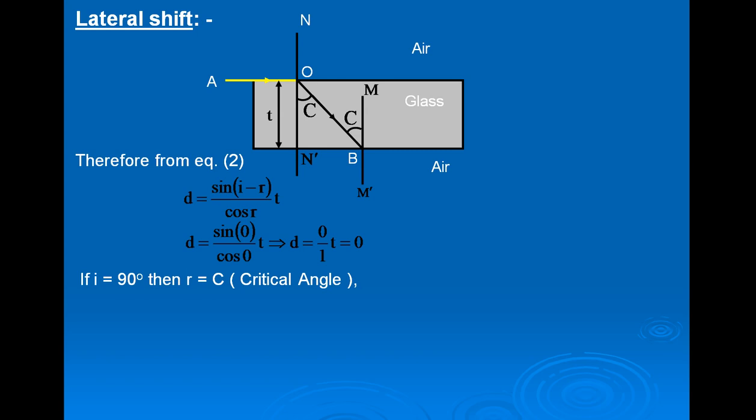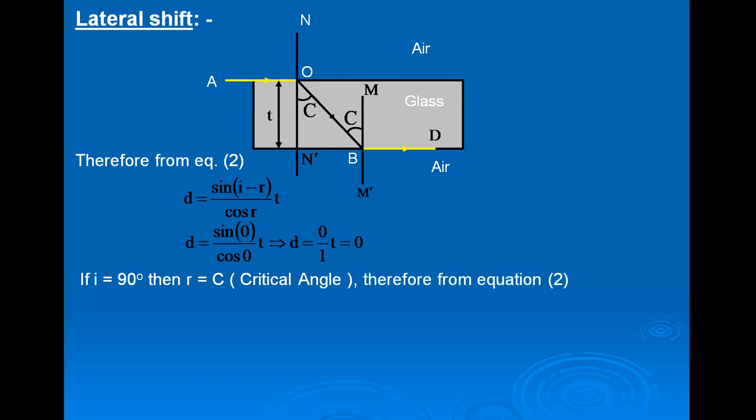From point B, the ray of light emerges parallel to the surface as BD. The angle of emergence again becomes 90 degrees because the angle of incidence I is equal to 90 degrees and the opposite faces of the glass slab are parallel. The emergent angle must be equal to the angle of incidence.